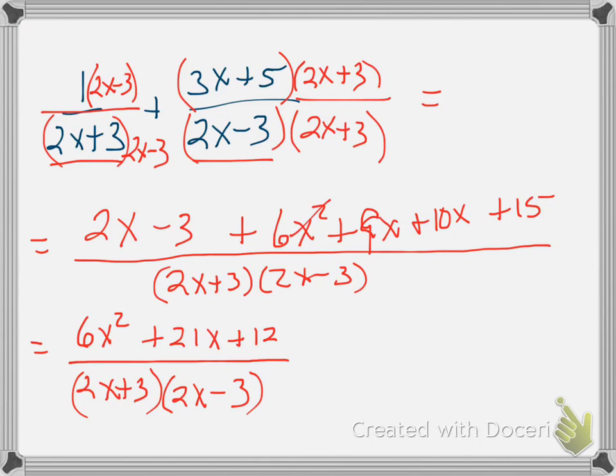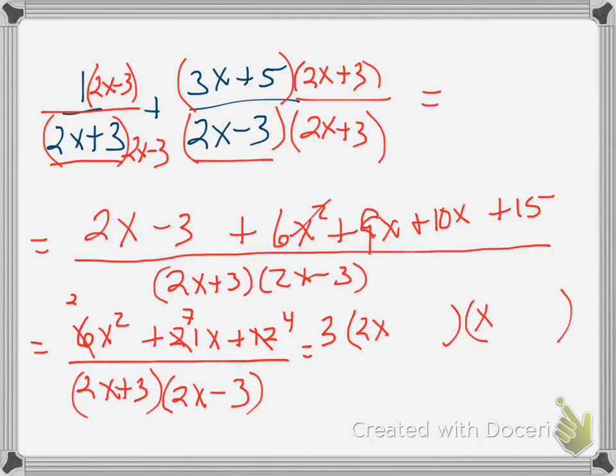But all we could do with the numerator is factor out a 3. And I bet that would factor down a little bit more. If I take a 3 out, I'm going to have a 2x and an x. And if I take a 3 out of here, I got a 4. That would give me a 7. And that would have given me a 2.